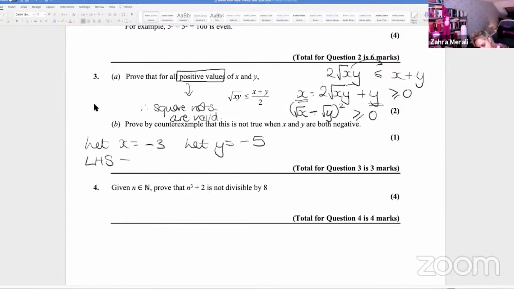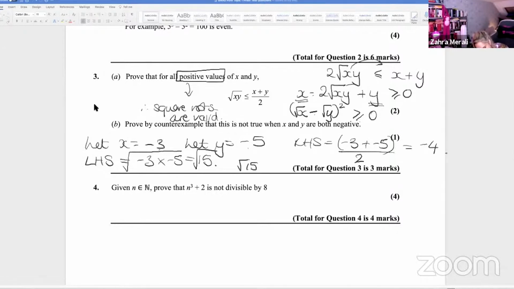My left-hand side becomes the square root of -3 times -5, which equals root 15. And then the right-hand side becomes -3 plus -5 over 2, which is -4. And root 15 is greater than -4, so result not true.